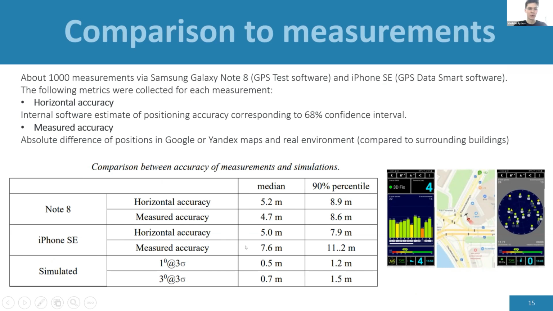For GPS measurements, we see about 9 meters estimated by Samsung and about 8 or 11 meters by iPhone. Via our algorithm in the same outdoor environment, we can achieve 1.2 and 1.5 meters if we have an accurate map. If we have an inaccurate map, this number will be maybe 2 times higher, but 3 meters is still much less than 8 meters. So our algorithm will be better than GPS.